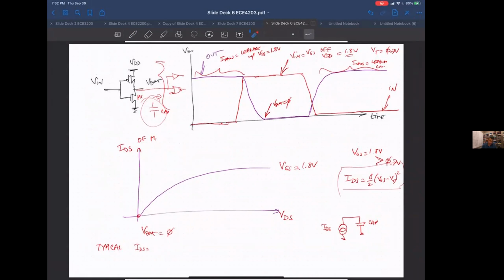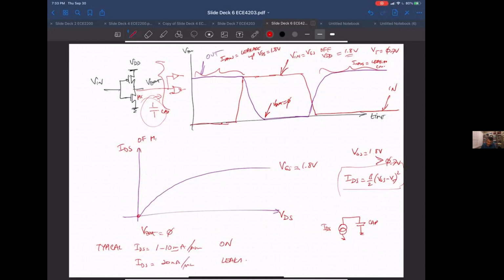Because when you're looking at the on currents, you're talking about 1 to 10 milliamps, let's say per micron. And then when you're talking about leakage current, you're talking about IDS as, I don't know, 20 nanoamps per micron.